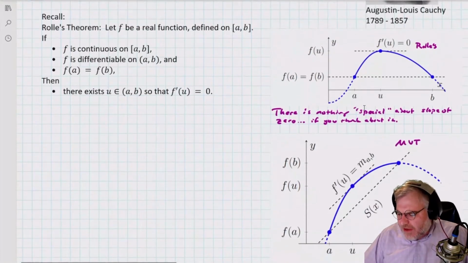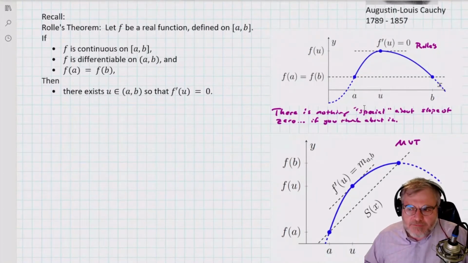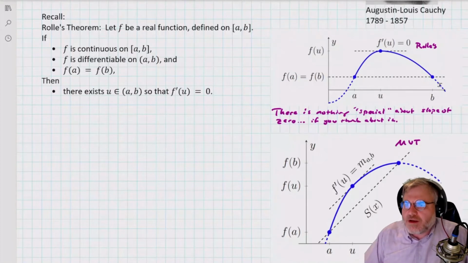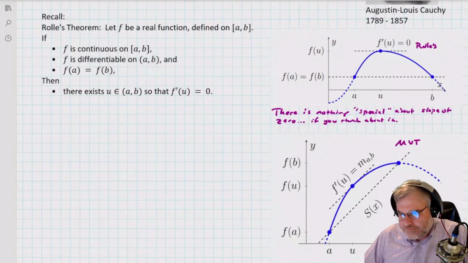But if I had some other slope here, I would have some other slope there at U. That's kind of the big idea. There's nothing really special about the fact that the slope was 0.